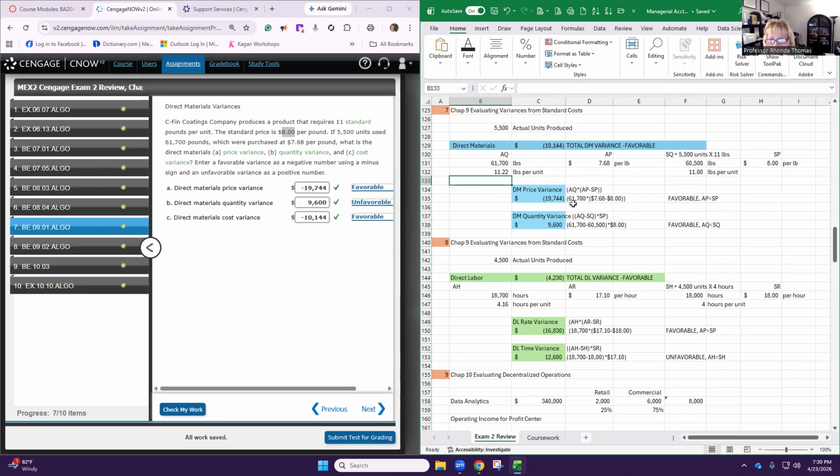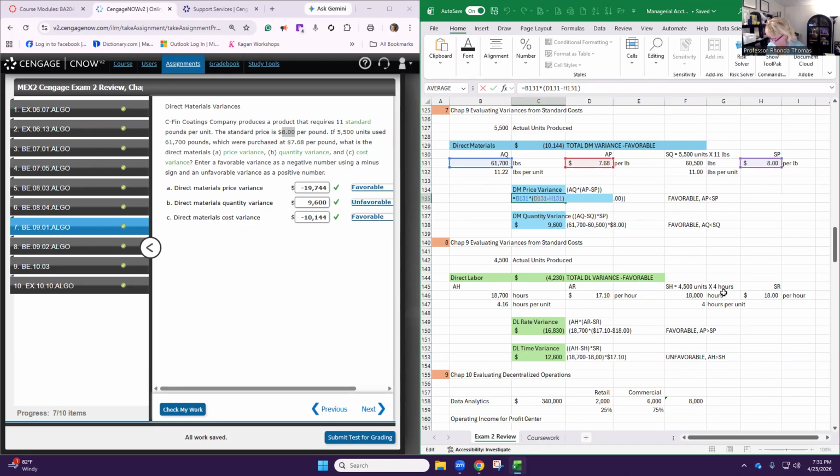I recommend, instead of that three-prong approach, I do like the way this book presents this. So we're going to take the actual quantity, so 61,700 times, and we're going to compare the price. Okay, so we paid $7.68, standard was $8, and we're going to get a variance then. So we take the actual quantity times the difference between the prices, okay?